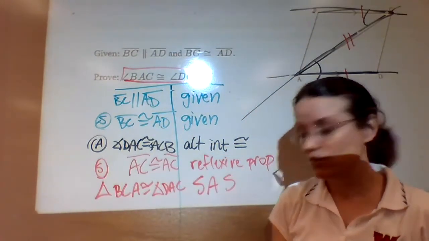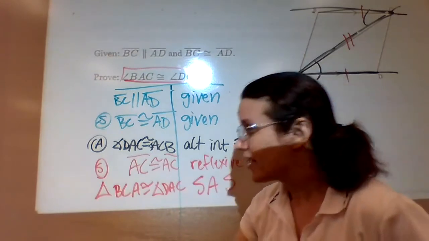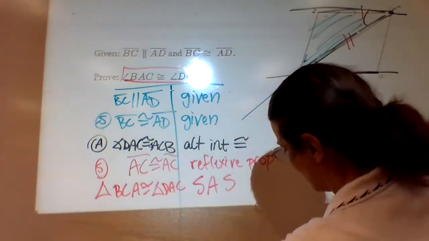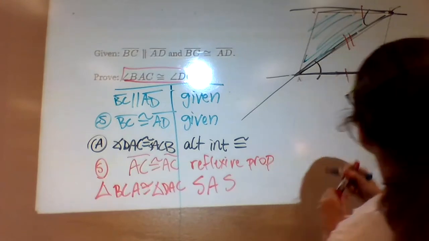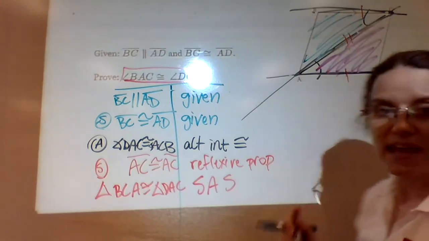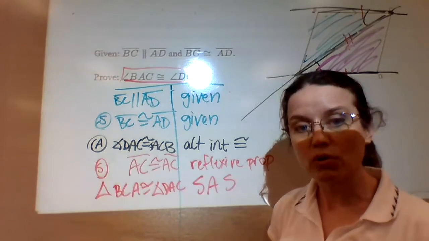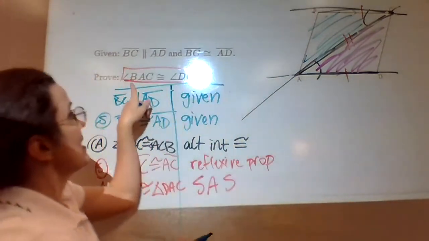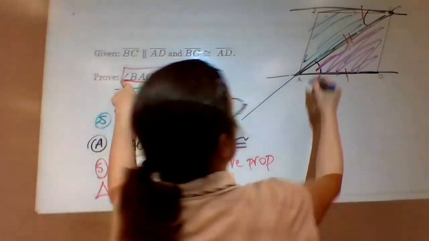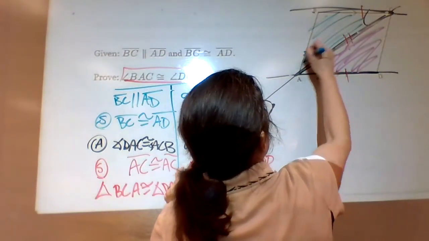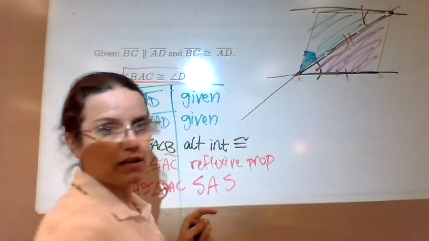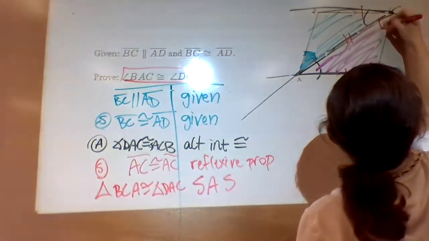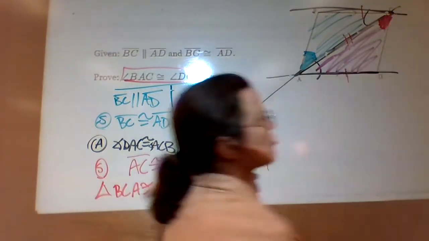But now we can use the exciting opportunity that if I know that this triangle is congruent to this triangle, then I know that all their individual corresponding parts must also be congruent. And angle BAC, that's this guy right here, is part of the blue triangle, and angle DCA is part of the purple triangle.